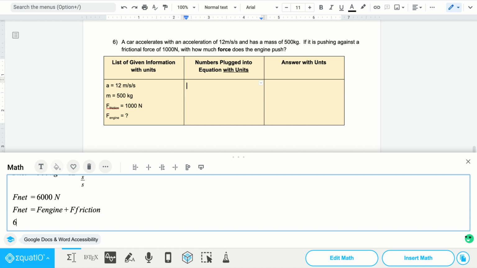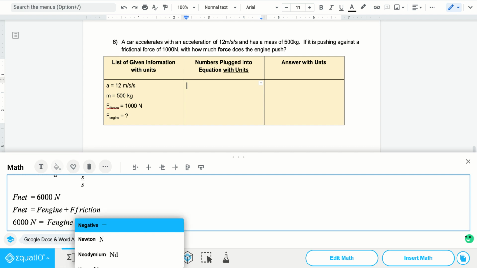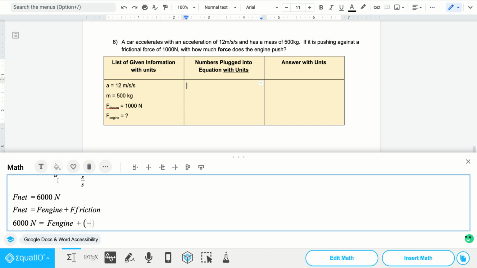Now, net force is 6,000 newtons, and that's equal to the force applied by the engine, plus the frictional force, and that is in the opposite direction. So that's 1,000 newtons. Now, the engine has to overcome 1,000 newtons before it can then accelerate the car.